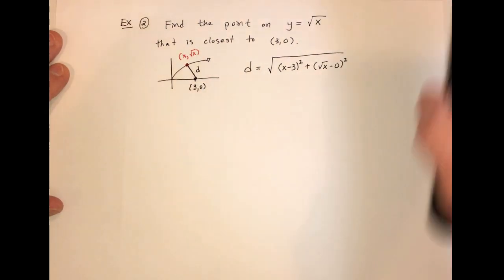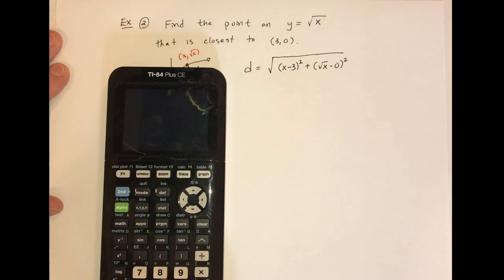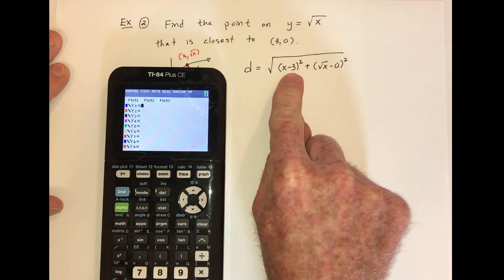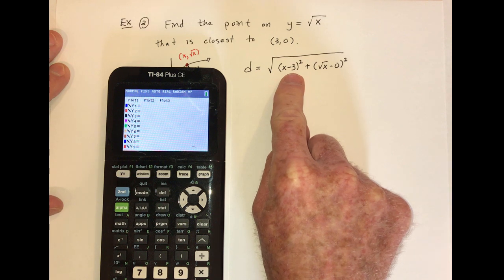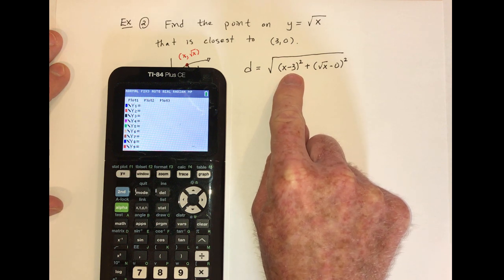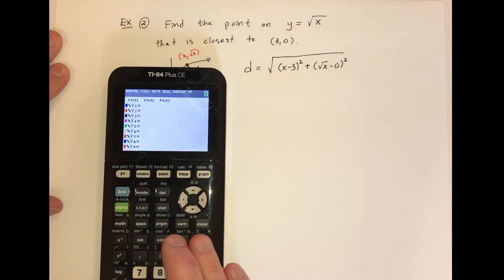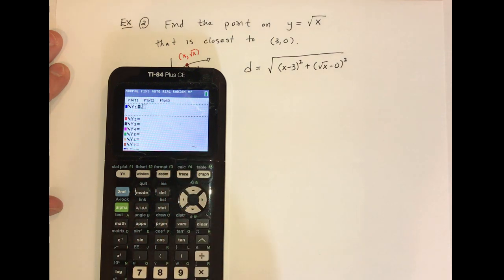So we're going to be taking the derivative and using calculus to do this, but I want to graph it and see, does this function right here have a minimum? Because if it doesn't, I probably set it up wrong. So let's see if this is even set up right. Take the square root of parentheses x minus 3 is squared.